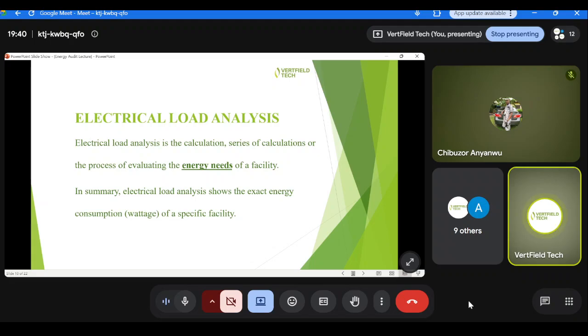It is what does the calculation, or walks you through the process of getting to know the energy need of that facility. In summary, electrical load analysis shows the exact energy consumption in watts for a specific facility, which means you have to know what you are powering up, what time those things are going to be powered, and how long they will be running as well.